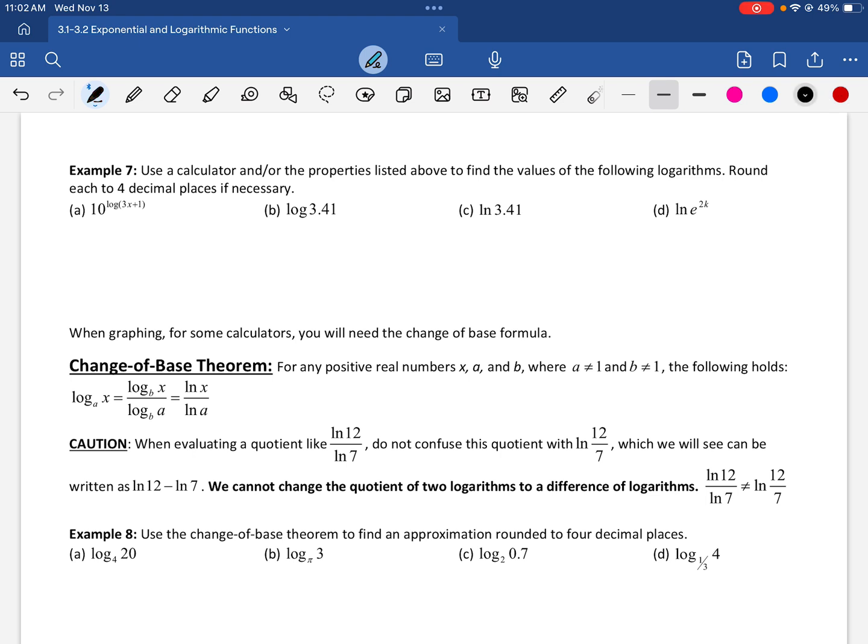For our first one, remember if we see just log with no base, that's an understood base 10. So I'll write it like that, because then that allows us to use that property where, if it's the exponential of the same base with a log, those cancel each other out, and it leaves us with just 3x plus 1.